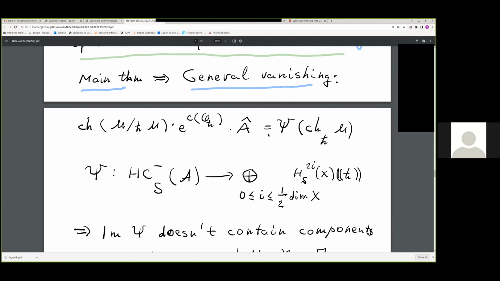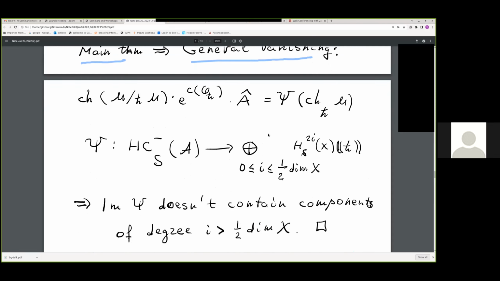Well, it's a mixture of a question and comment, and I cannot separate what is a question and what is a comment. From the point of view of mirror symmetry, there are people in the audience who are interested in mirror symmetry. So this is one side of the story, and there is another one, at least in the Lagrangian case, in the holonomic case.